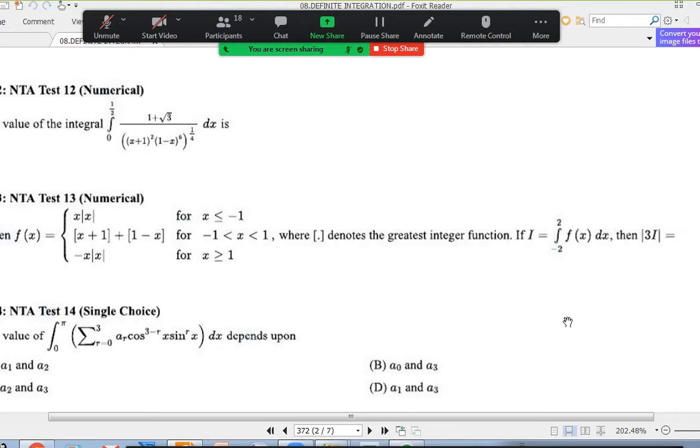Okay, 12th question. Integral 0 to 1 by 2, 1 plus root 3, which is just a constant, and the denominator is x plus 1 whole square, 1 minus x whole power 6, 1 by 4 dx.